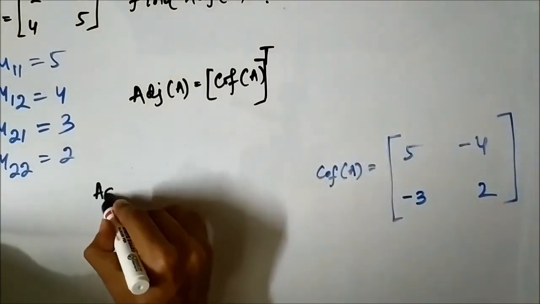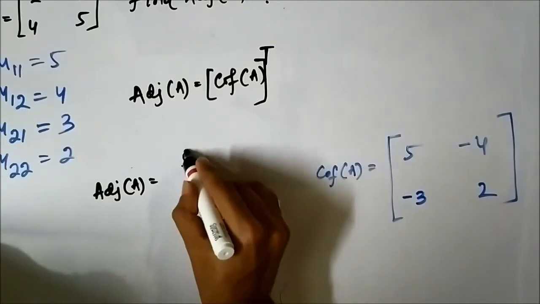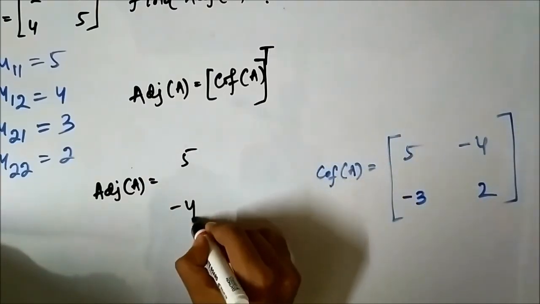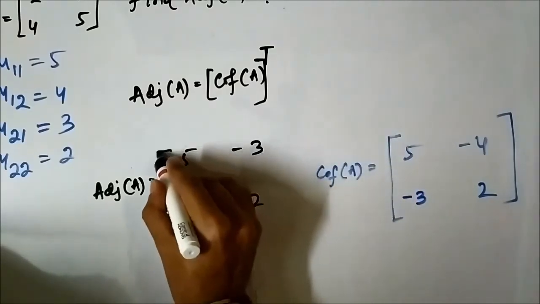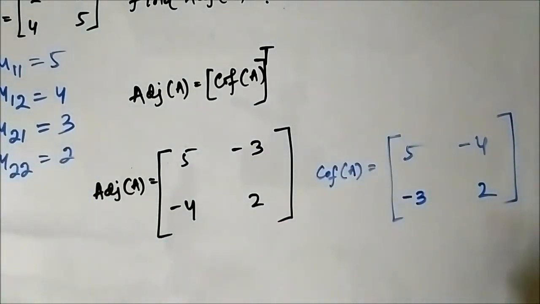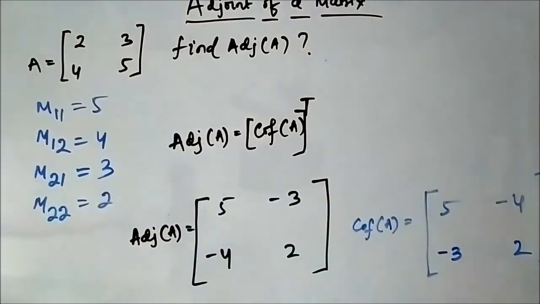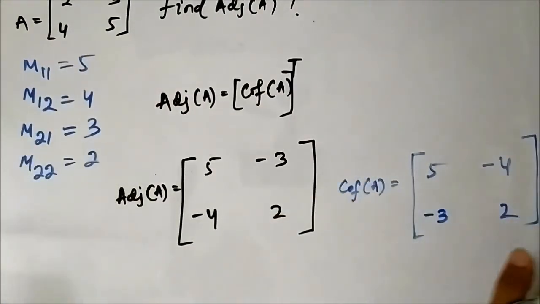So the adjoint of A is 5, the row becomes the column, 5, minus 4 and minus 3, 2. This is the adjoint of the given 2 cross 2 square matrix. This is the adjoint, which is the transpose of the cofactor.